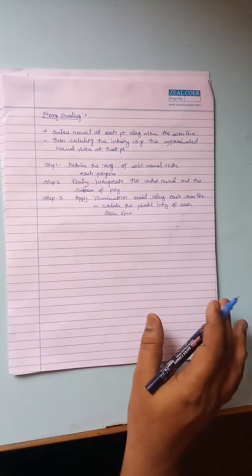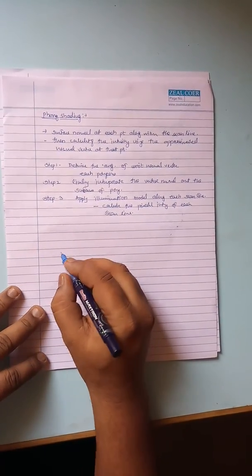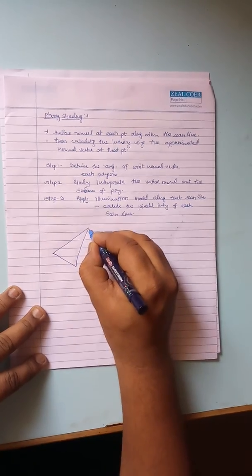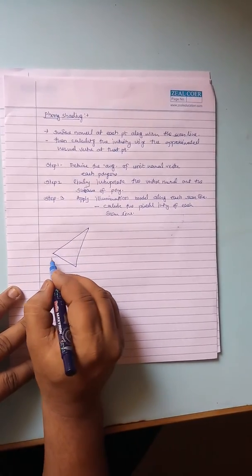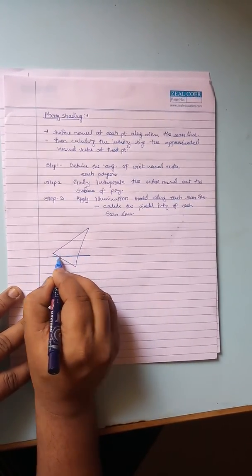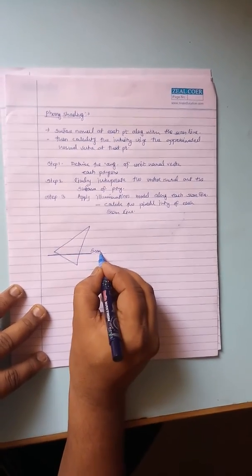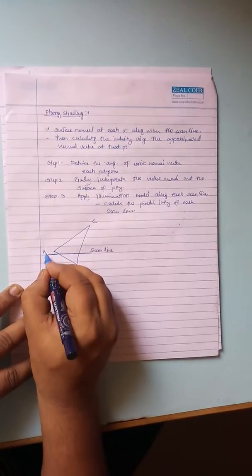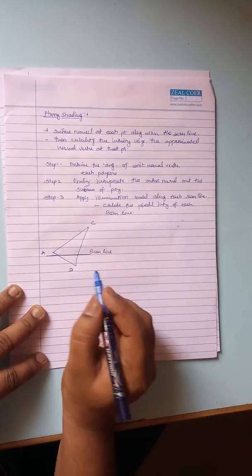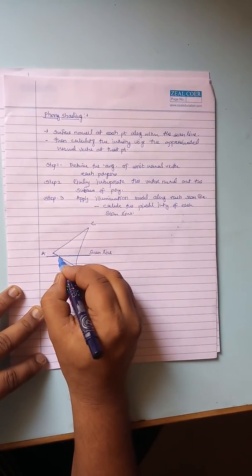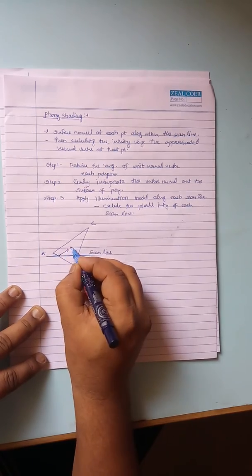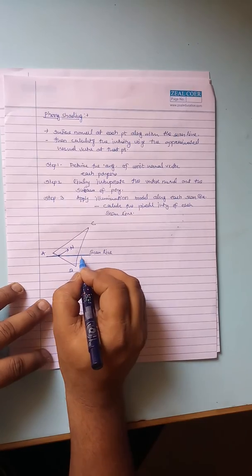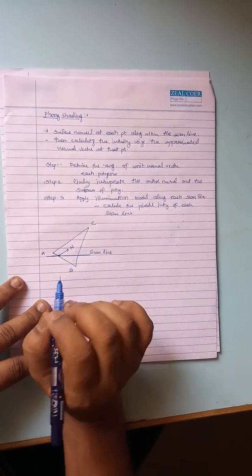Here we consider a simple example like this one. We consider this surface, and this is the scan line, with vertices C, A, B. Here we find the normal of this point, which is the intersection between AB and the scan line.